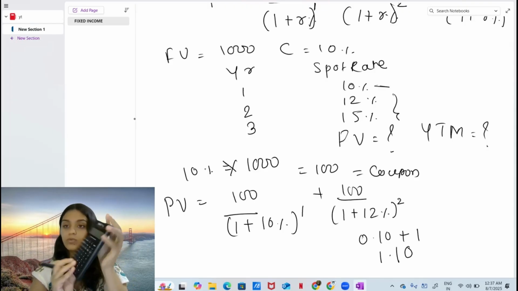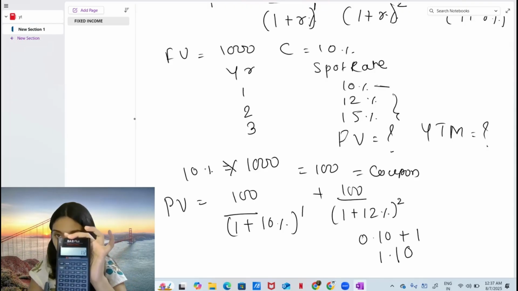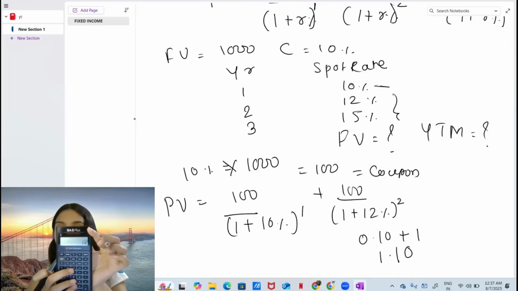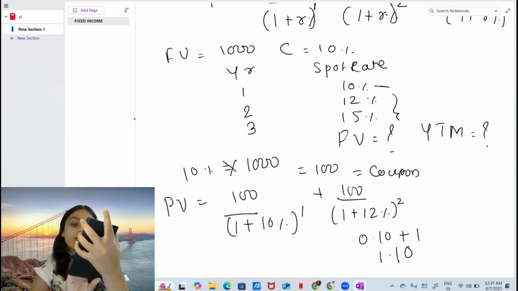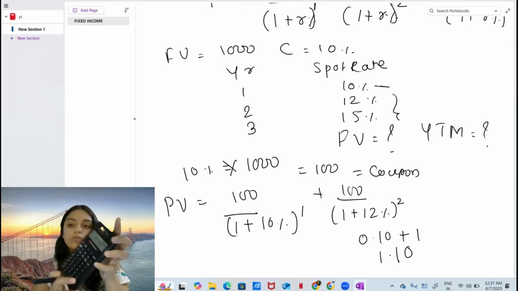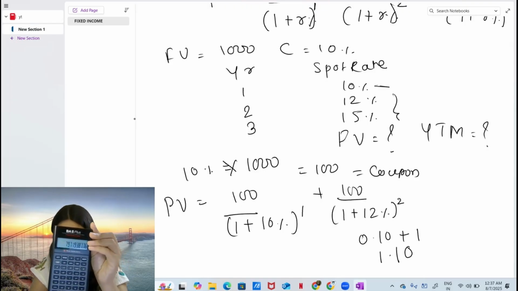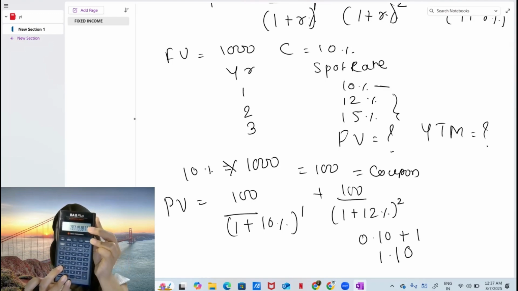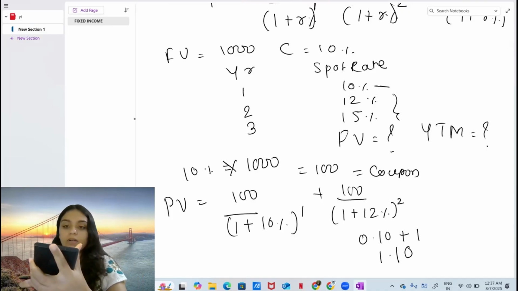Here is the point, if you don't know, this is the point. And then just press the x square button, and then equals, then you'll get some value, and put storage 2. Done. Then clear work.